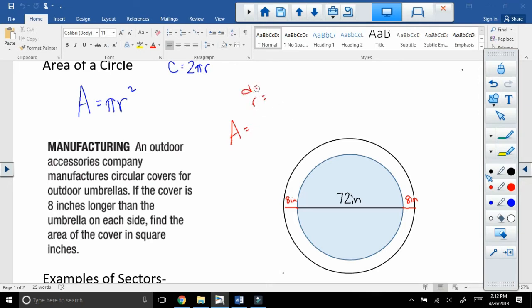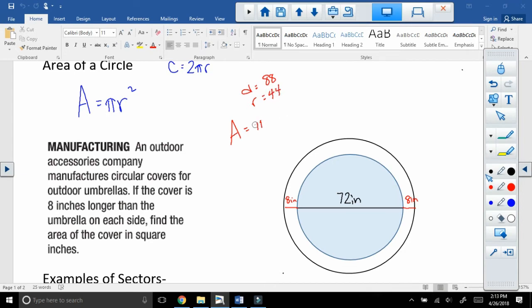Here, it doesn't give me the radius, but it does give me the diameter of this to be 72, or you could find the diameter of the whole thing. So you have some options with how you set this up. If I wanted to find the diameter of this whole circle, the diameter would be 88. Make sure you don't just add the 8 onto one side, but you add it onto both sides. So then that's going to make the radius 44.